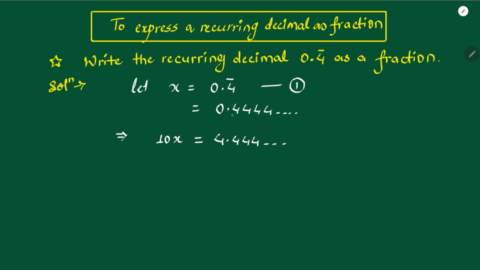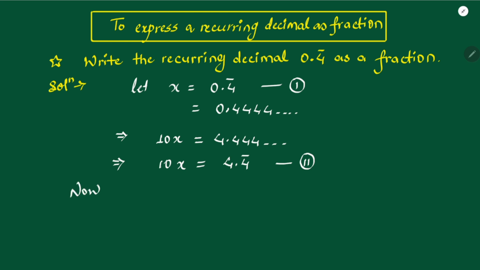Because if I multiply by 10, the decimal will shift one place to the right, and that will give me 4.444. Now this can be written as 10x equals 4.4 bar. Let's call this equation 2.